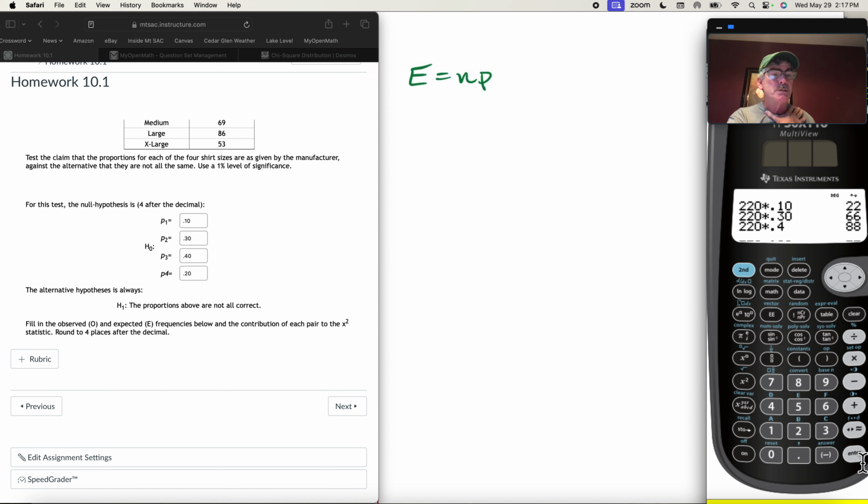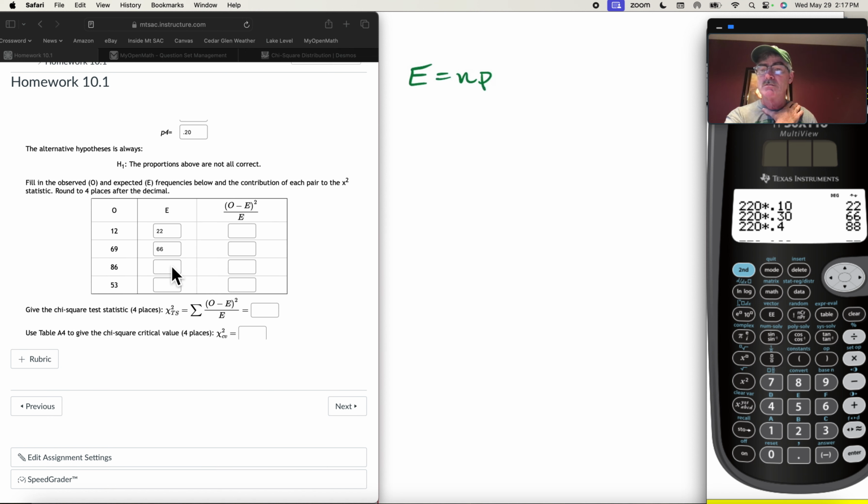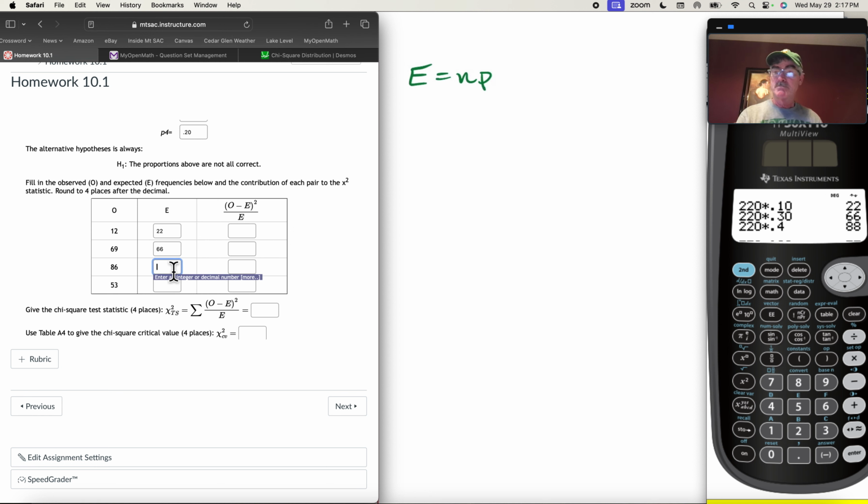And here we get 88 is expected. If you look at these frequencies, the small shirts are pretty off, 12 to 22. Seems like a big mistake, but the rest of these are actually really close to what was observed.